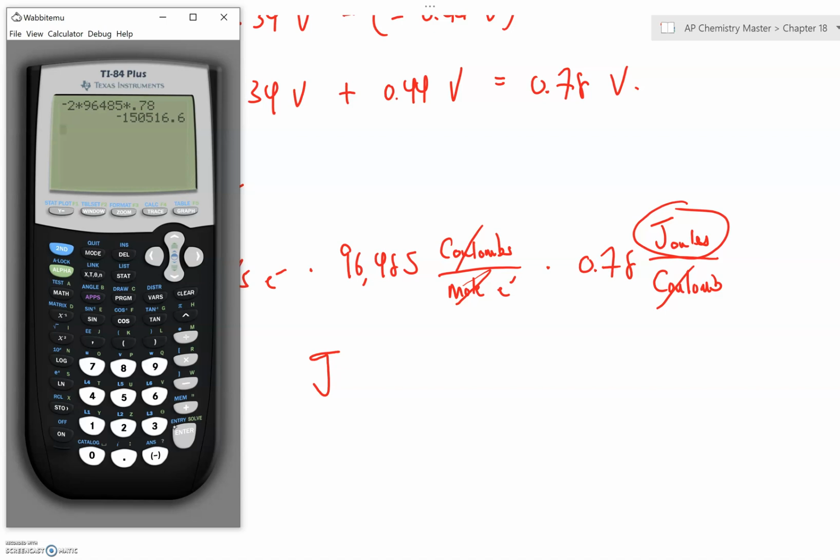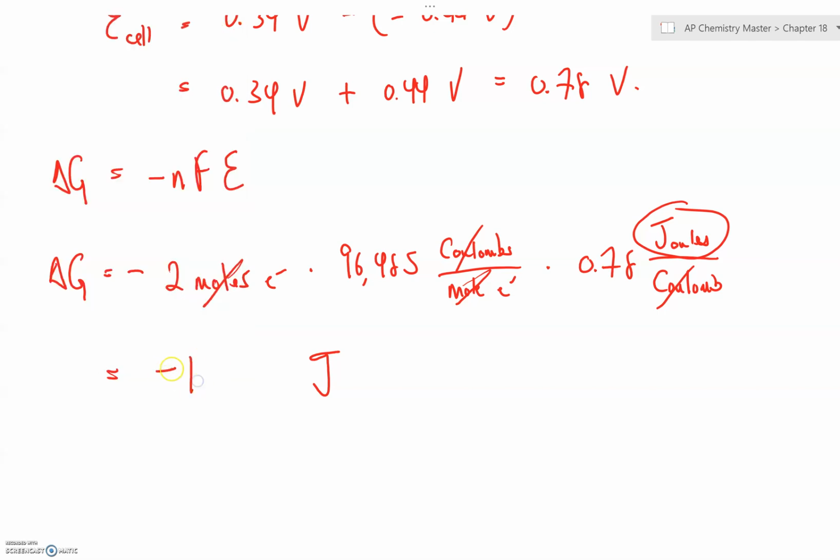Let's convert that to kilojoules by dividing by 1,000, and we'll round. So negative 150.5, let's call that negative 151 kilojoules. And that's all we do.